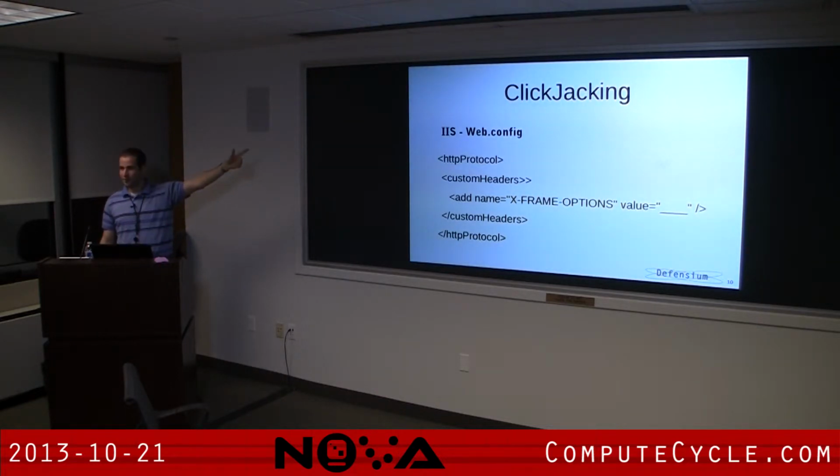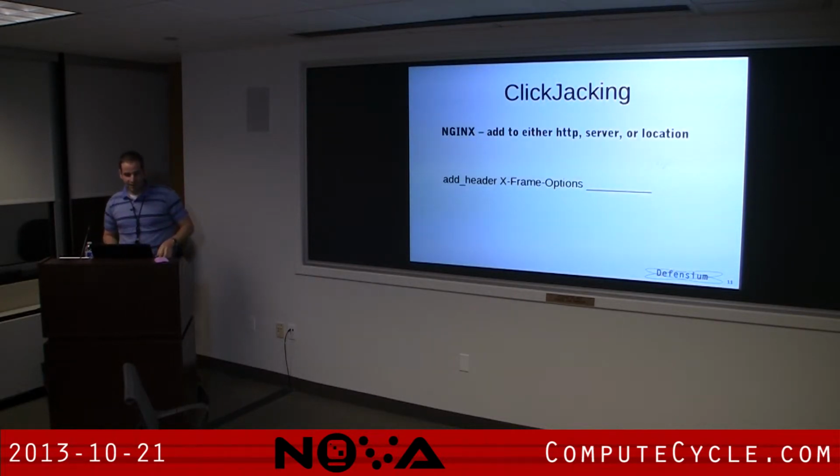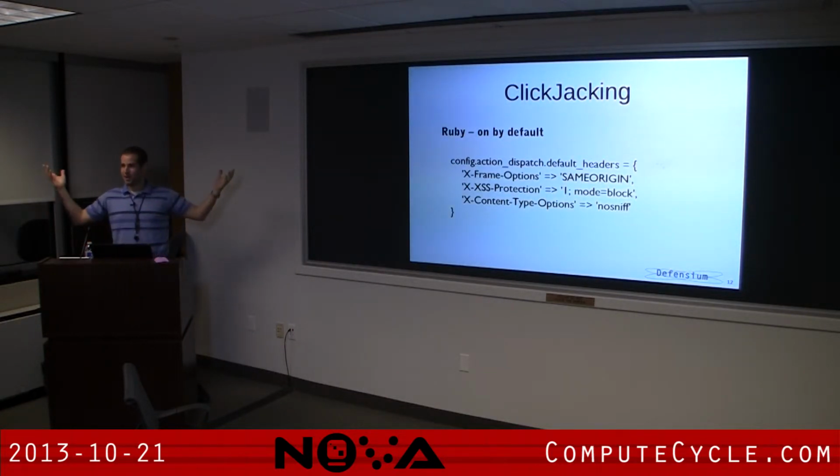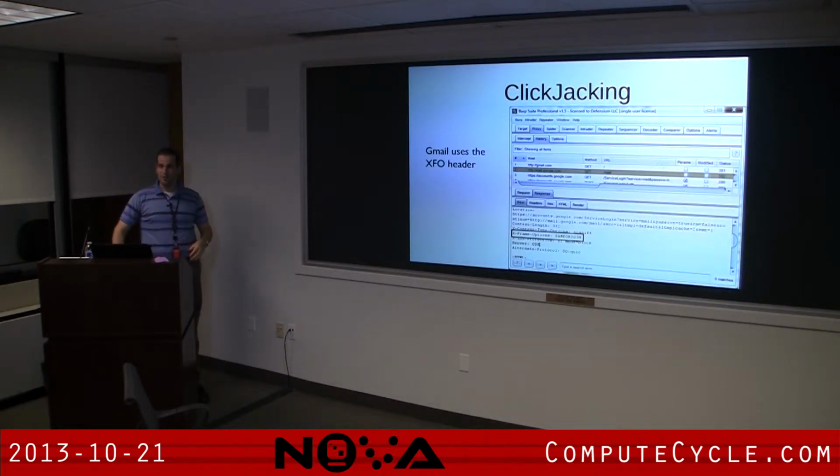I apologize, that's obviously bad XML. Basically just add name X-Frame-Options, value equals whatever you want. If you're using nginx, you can add it either to the HTTP, the server, or the location config files. Again, just add header X-Frame-Options. For Ruby, it's on by default. Go Ruby. If you're using some other web server, just Google your web server and add custom header, and you'll probably find it.